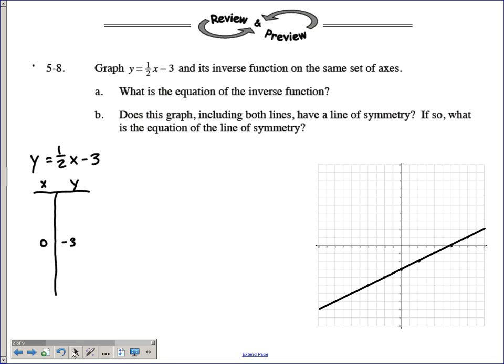So let's look at some of the other points that we had on there. So we had 0, -3, we've got 2, -2. We go over here, we've got 4, -1. And let's include one more on there. That would be the point 6, 0.